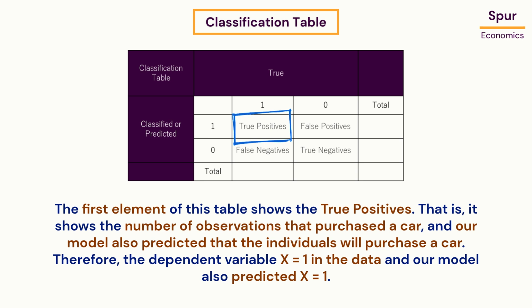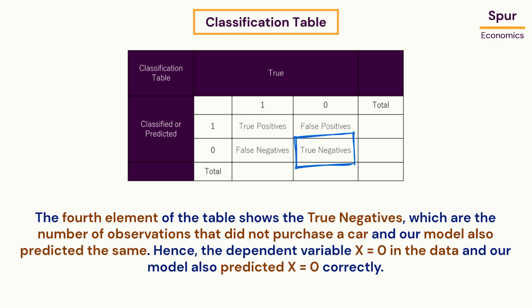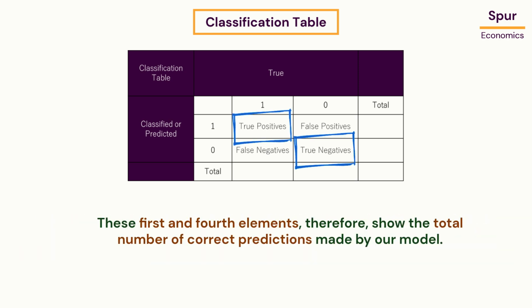Therefore, the dependent variable x was 1 in the data and our model also predicted x equals 1. The fourth element of the table shows the true negatives, which are the number of observations that did not purchase a car, and our model also predicted the same. Hence, the dependent variable x was 0 in the data and our model also predicted x equals 0 correctly. These first and fourth elements, therefore, show the total number of correct predictions made by our model.